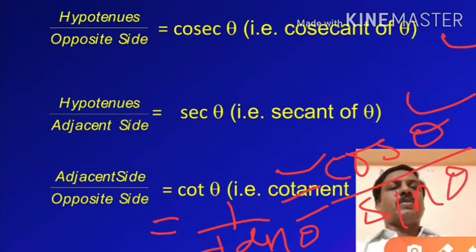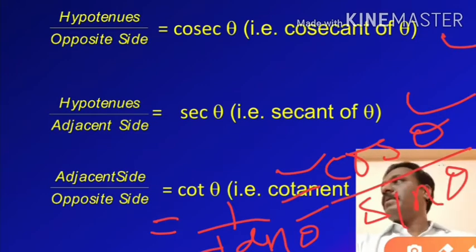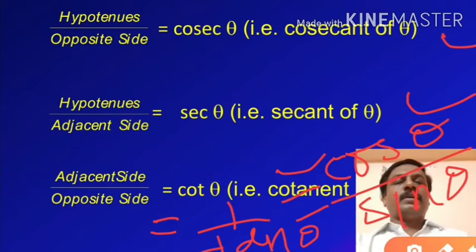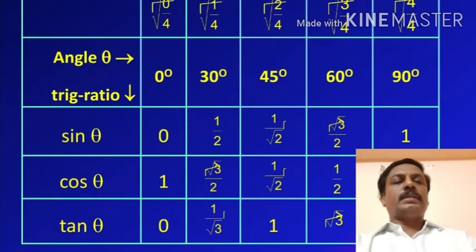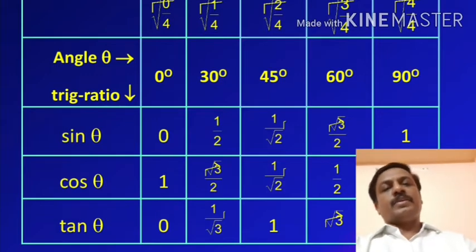Therefore cot theta is cos theta by sin theta. Okay, so in this way we defined 6 trigonometric functions. You remember these 6 trigonometric functions.